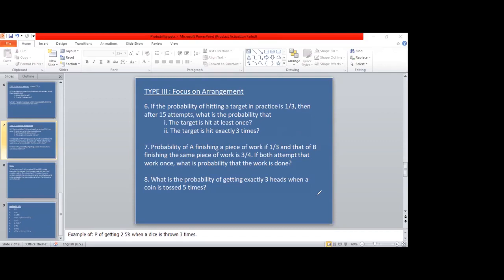Absolutely correct, guys. 15 into 14 into 13. Or you're definitely missing something. What are you missing?